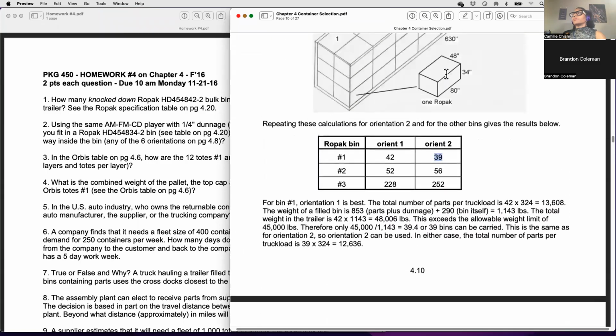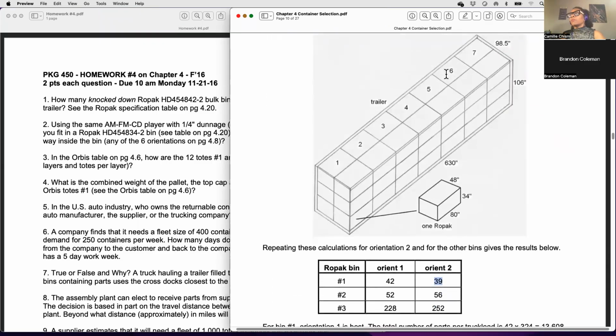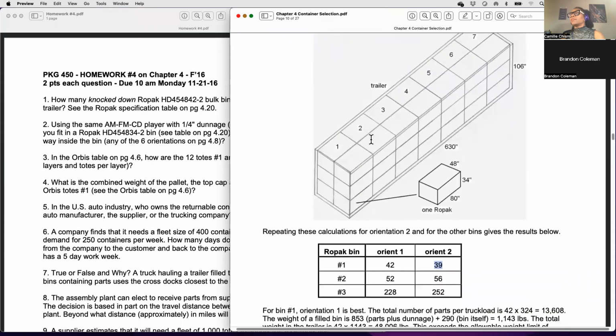Since it's the same for orientation number 2, we'll just go ahead and use that, because we already know that if it's in the trailer, it's probably going to be a little bit more stable. Because with the orientation of 42, you're going to take 3 off to get to 39. You'd have to either take off a stack of 3, leaving a big gap, or take off 1, 2, and then a third one here.